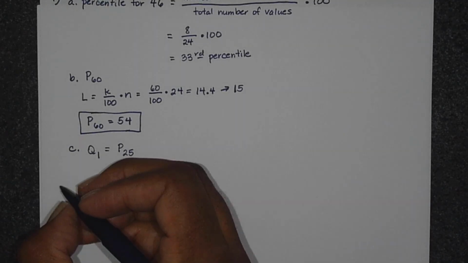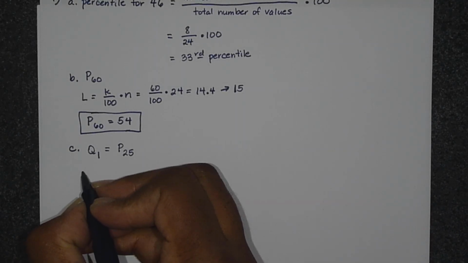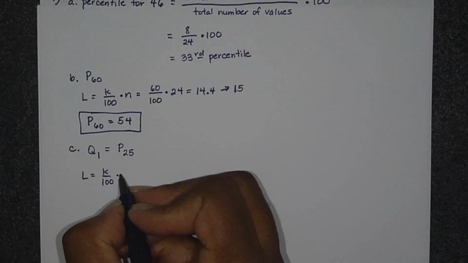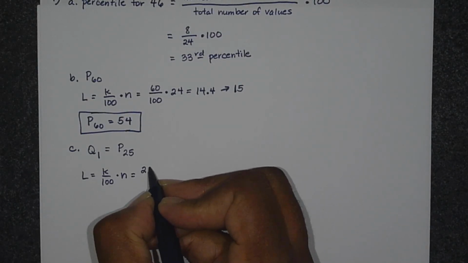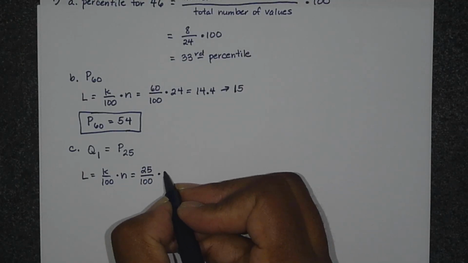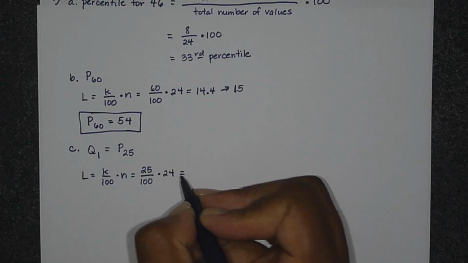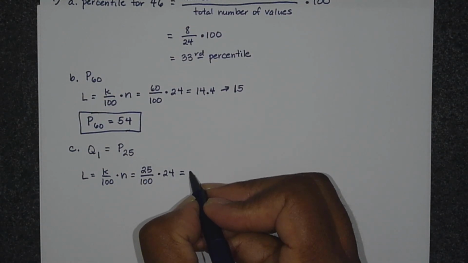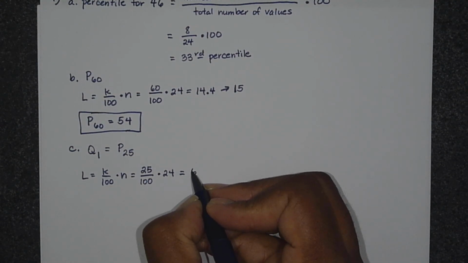All right, so now let's look at this here. L equals K over 100 times N. So if I do 25 over 100 times N, which is 24, what's 25 divided by 100 times 24? 6.